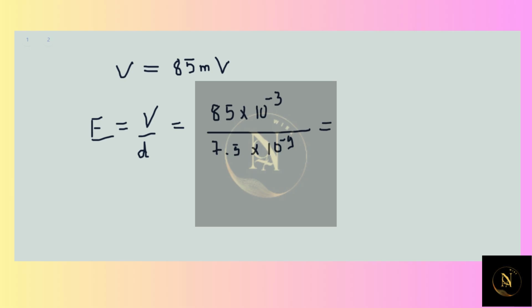If we calculate this value, it comes out to be 11 megavolt per meter. That's the value of the electric field in between the two sides of the cell membrane. So this is the answer for the second part of the problem.